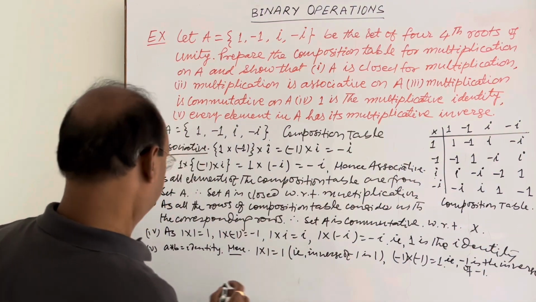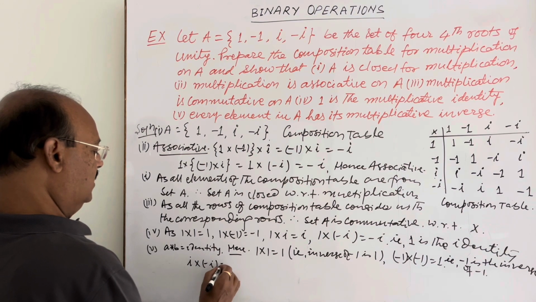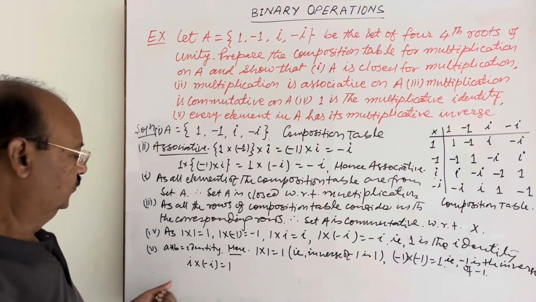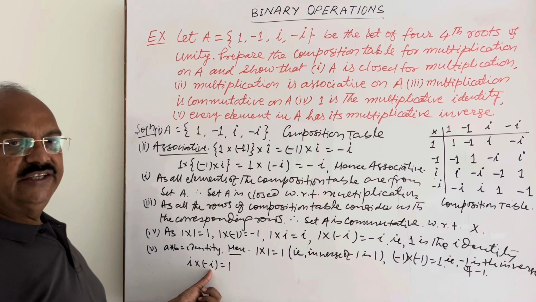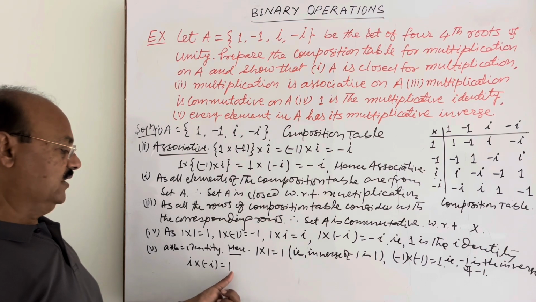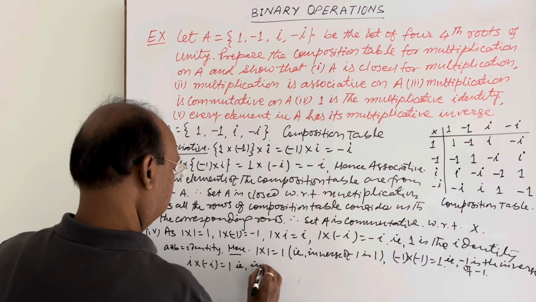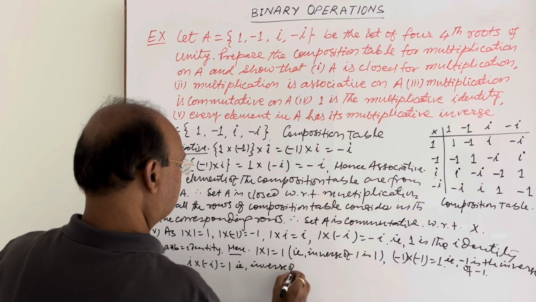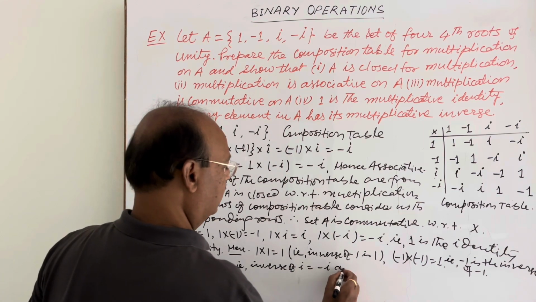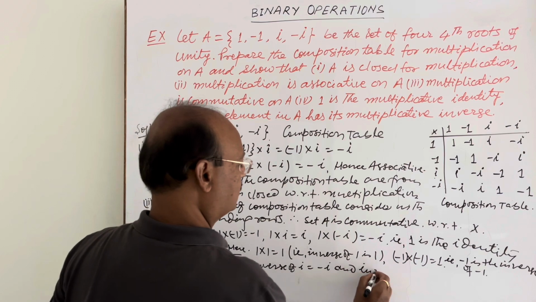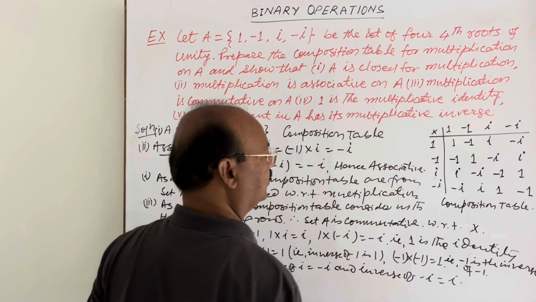Next, i into minus i is equal to 1. i into minus i is minus i square, and i square is minus 1, so minus of minus 1 is plus 1. That is, the inverse of i is equal to minus i, and the inverse of minus i is equal to i.